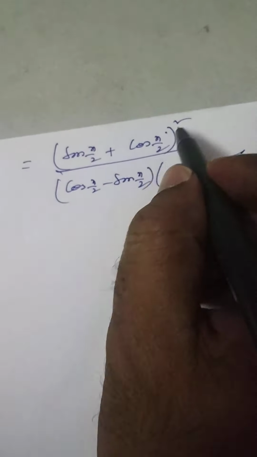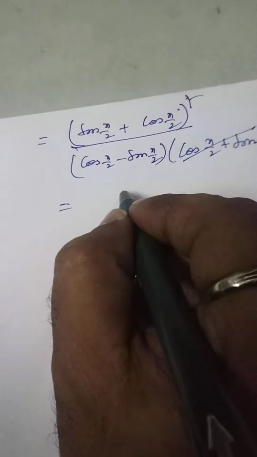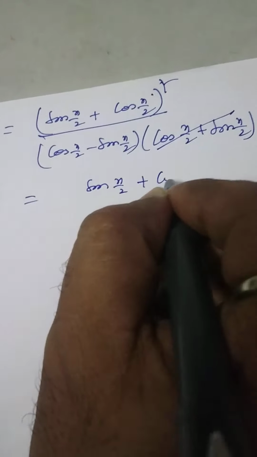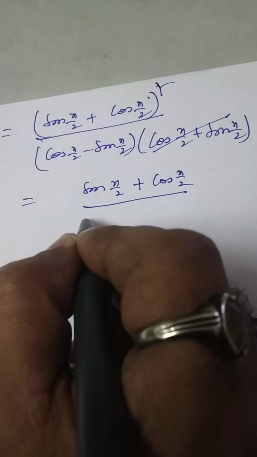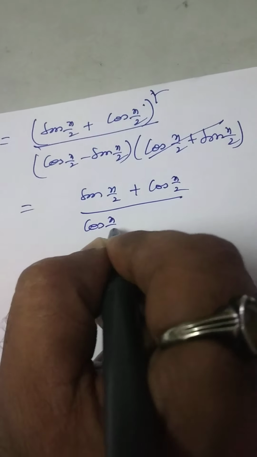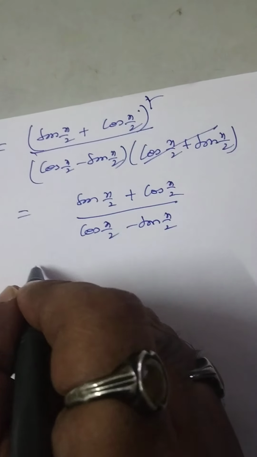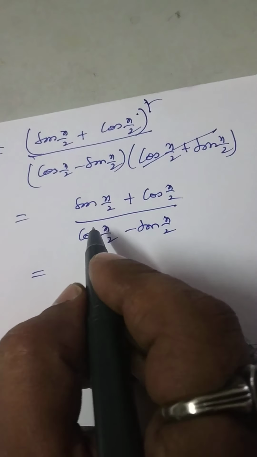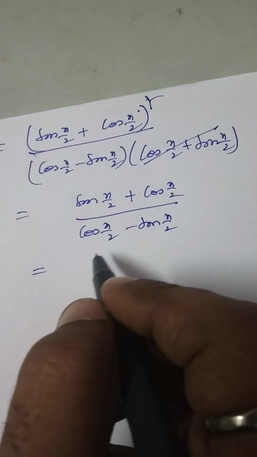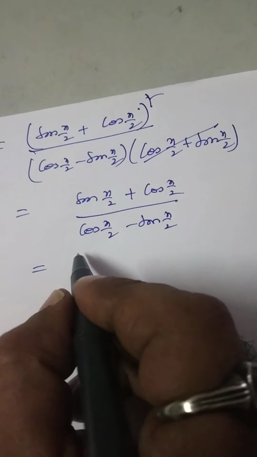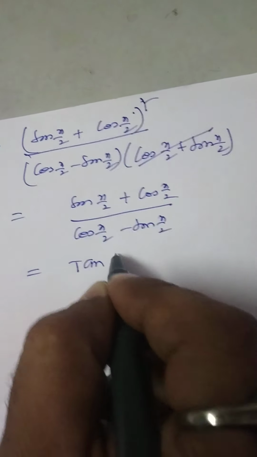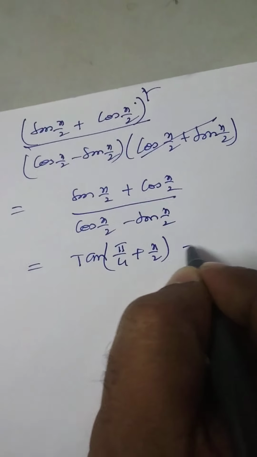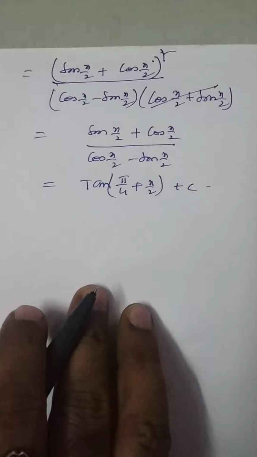So these two we can cancel, and we are left with sin x by 2 plus cos x by 2 by cos x by 2 minus sin x by 2. By dividing with cos x by 2, we get 1 plus tan x by 2 by 1 minus tan x by 2. So we can write that as tan of pi by 4 plus x by 2, plus c. So this is the third form.